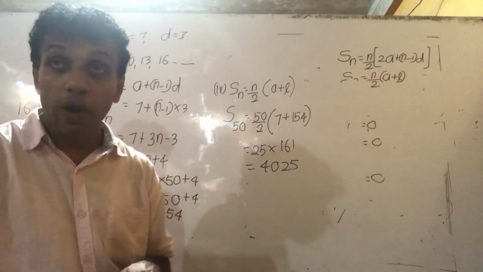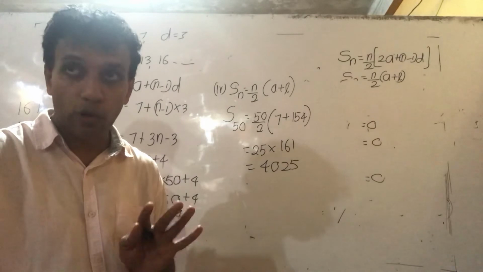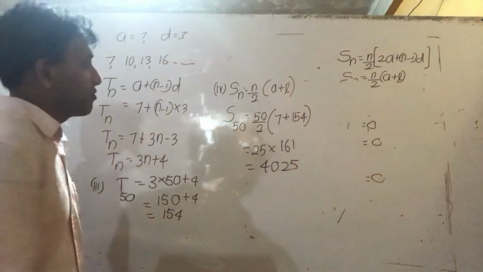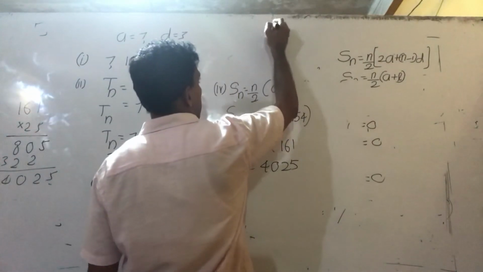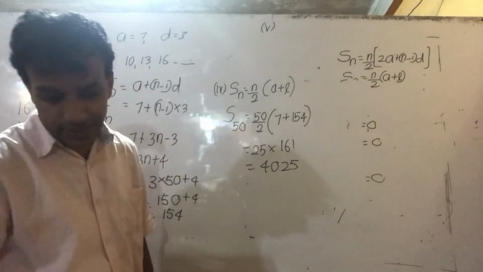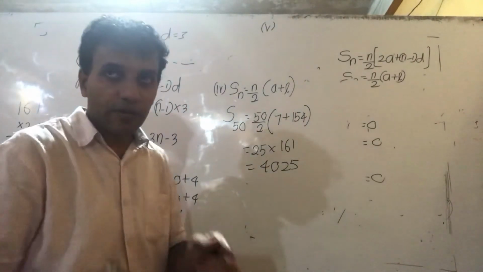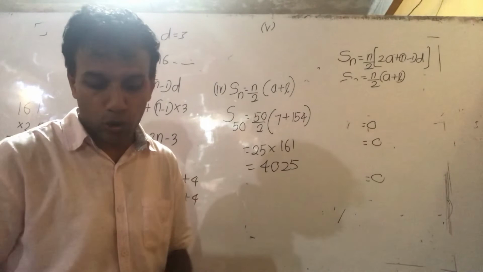And in some papers there are two parts. This is one of your O-level question papers, right? Write part 5. Not part 5, right below.